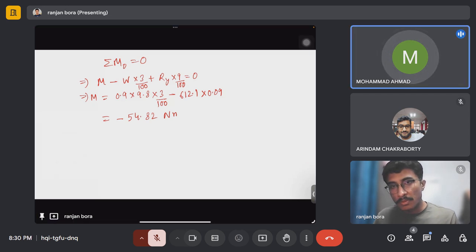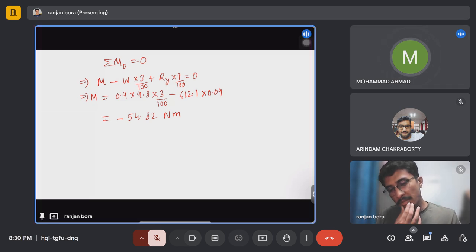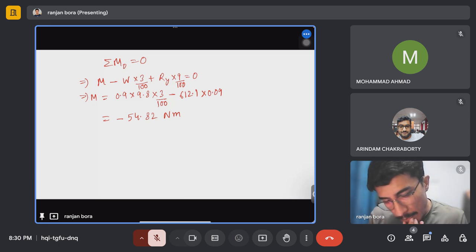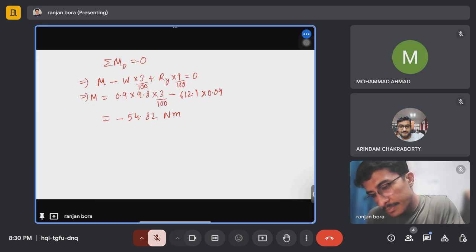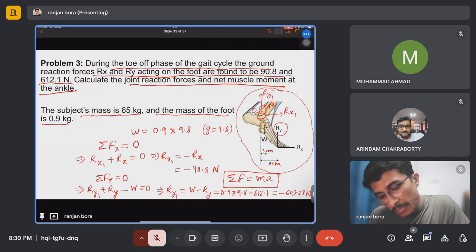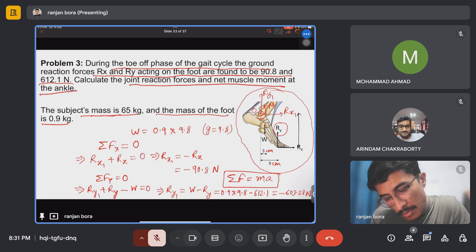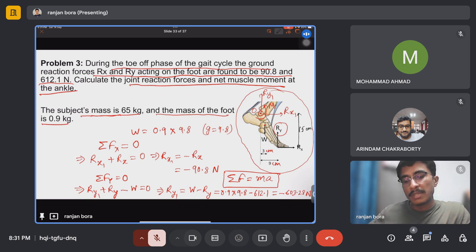Sir, Rx will not produce any moment. Okay, sorry, yes, Rx will also produce a moment. This distance is not given, so I will take it as 15 centimeter.